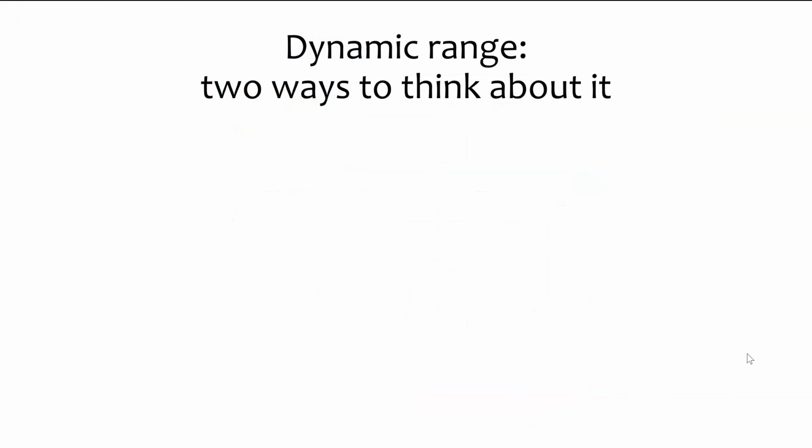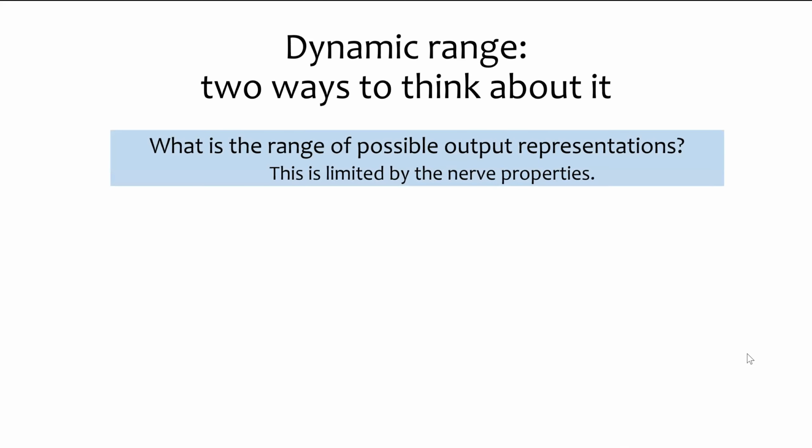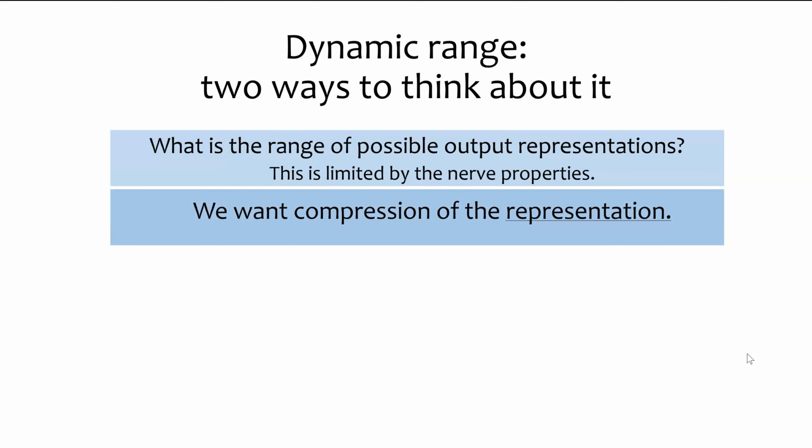There are a few ways of thinking about dynamic range that I want to offer here. For example, you can ask the question, what is the range of possible output representations? In this case, because we're thinking about really tiny and delicate structures in the inner ear, this range is going to be pretty small. There's not a whole lot of range of movement in there. So we want to compress the representation of the sound. We don't want to compress the sound itself. We just want to compress the representation of it.